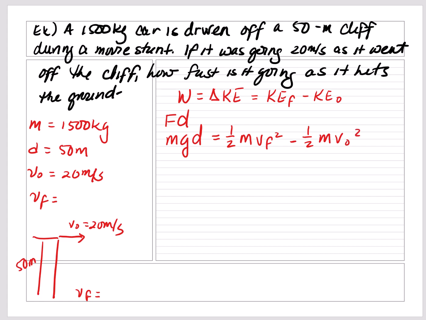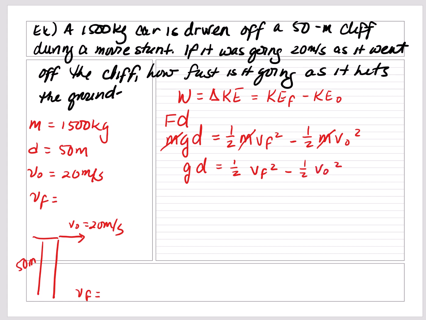I'm going to simplify this because if you notice, all the masses cancel out. Why? There's a mass here, there's a mass here, and there's a mass in the last quantity. So my equation becomes g d equals 1/2 v final squared minus 1/2 v initial squared.